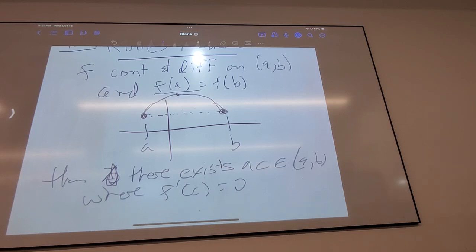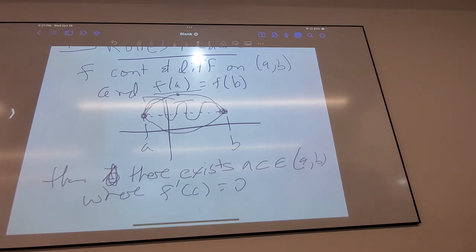The minute it goes up from A, at some point it's got to come back down, so it's got to have a place where it's got a flat slope. Does that just make sense? What if I went down from A? Well, then you've got to come back up. What if I did many? Then you have more than one place, yes?